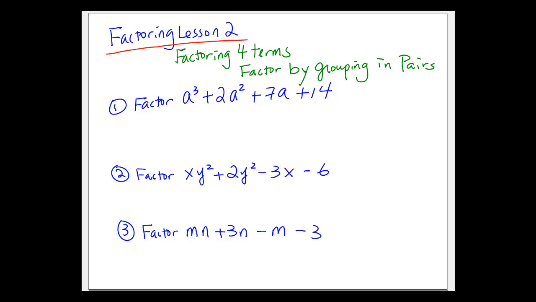So we are looking at number 1. It comes with 4 terms, and we're supposed to factor by grouping them in pairs. So first, we're going to group them in pairs, and we will do them 2 terms at a time. Looking at the first 2 terms, the thing they have in common is going to be a squared. So after I pull out a squared on the first 2 terms, I should have a, bring down the sign, plus 2.